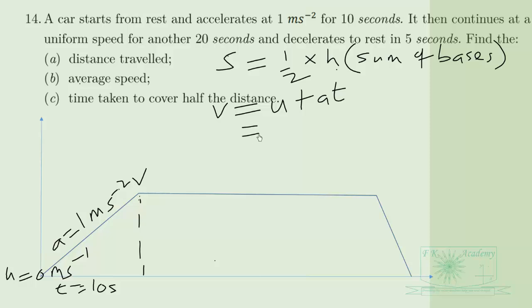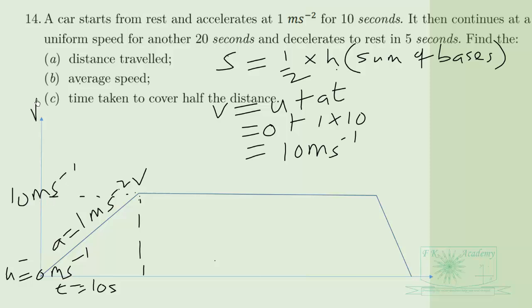So v will be equal to 0 plus 1 times 10. v equals 10 meters per second. So the final velocity here is 10 meters per second on the velocity time graph. So it tells us that the height of the trapezium is 10.